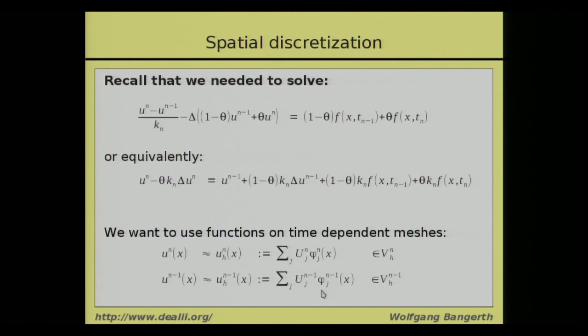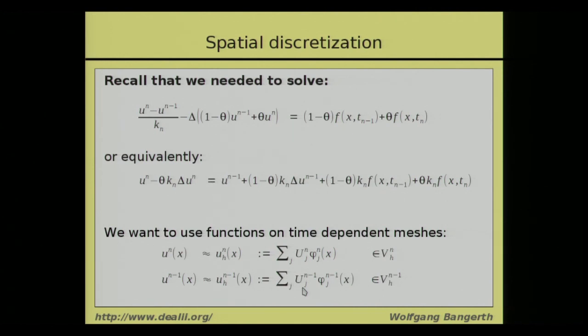What I didn't write here is that the sum over j, of course, extends from j equals 1 to the number of shape functions I have at time t_(n-1) on the mesh at time t_(n-1), whereas over here, for example, the sum extends to the number of shape functions that I have on the mesh at time t_n. So the size of these vectors U^n and U^(n-1) does not even have to match.